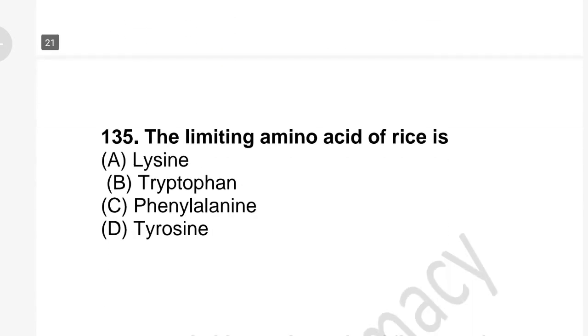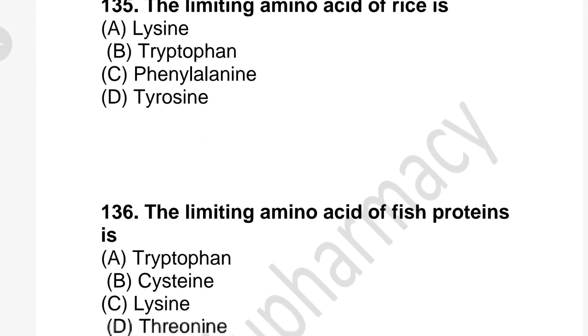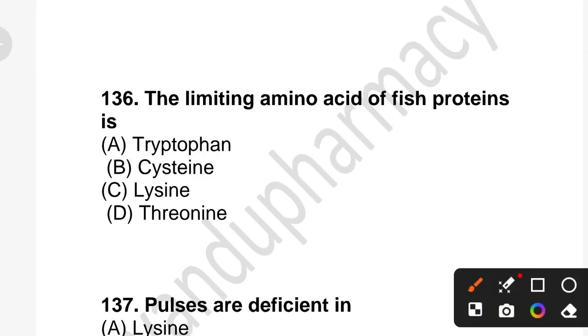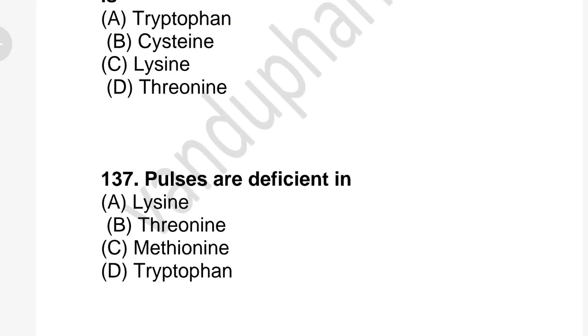The limiting amino acid of rice is, right answer is option A. The limiting amino acid of fish protein, right answer is option A tryptophan. Pulses are deficient in option A lysine, option B threonine, option C methionine, option D tryptophan. Right answer is option C.